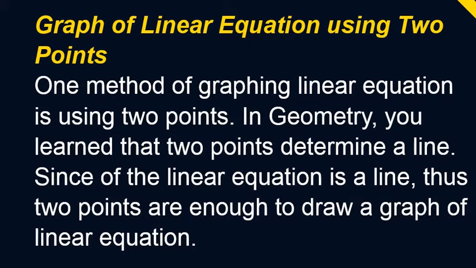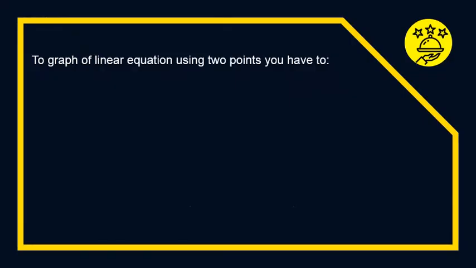One method of graphing a linear equation is using 2 points. In geometry, you learn that 2 points determine a line. Since the graph of the linear equation is a line, those 2 points are enough to draw a graph of the linear equation. To graph the linear equation using 2 points, you have to do the following steps.